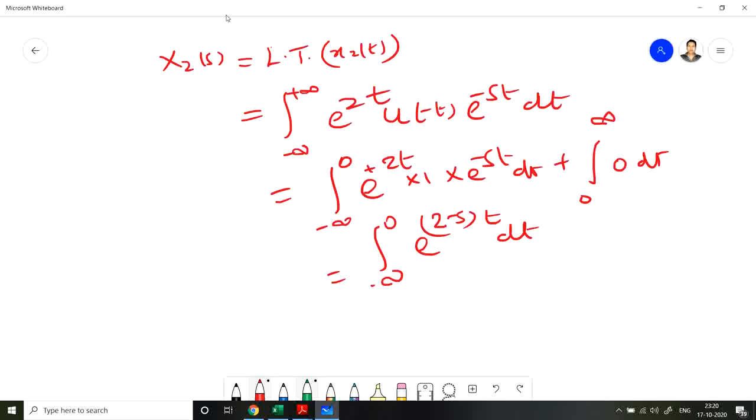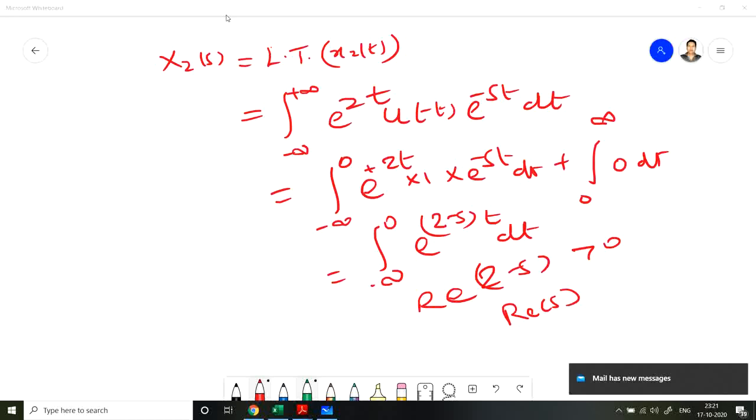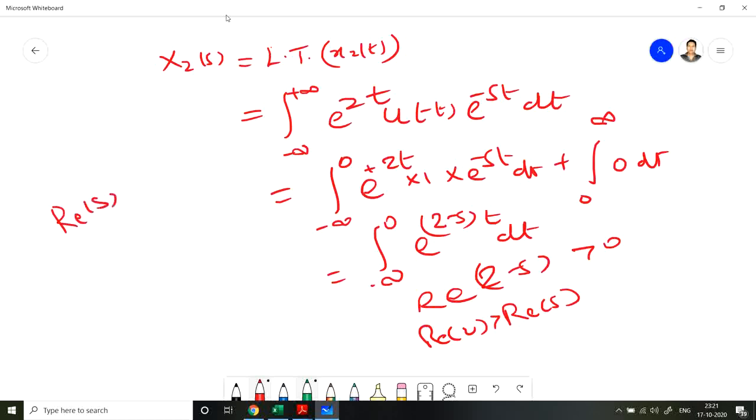It is integrable only when the real part of 2 minus s is positive. So real part of 2 minus s is greater than 0, that is, real part of 2 should be greater than real part of s. So basically real part of s is less than 2.